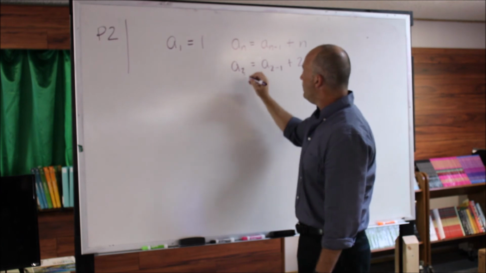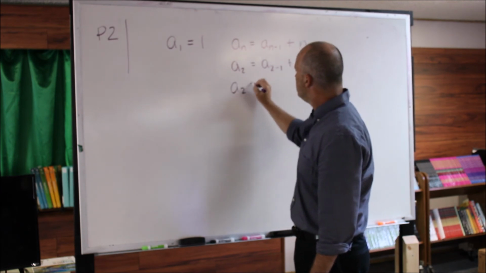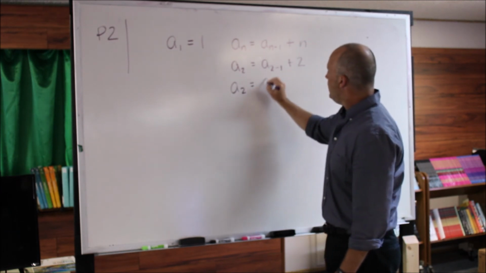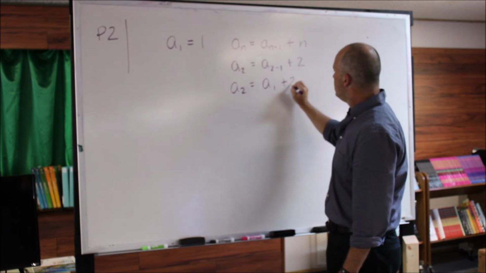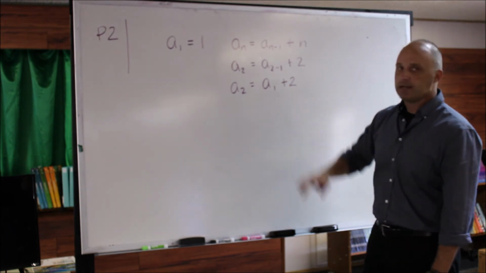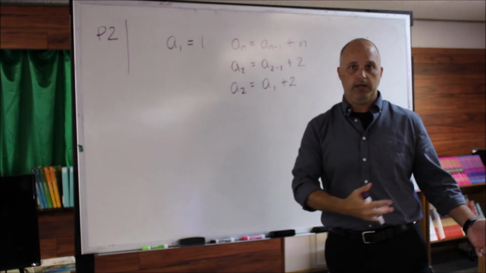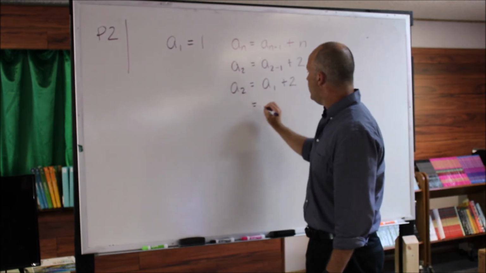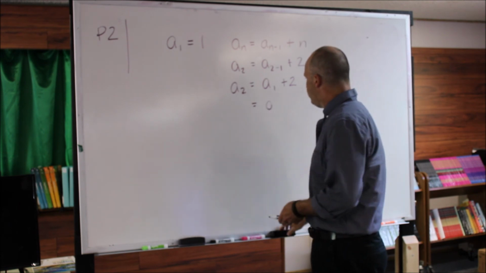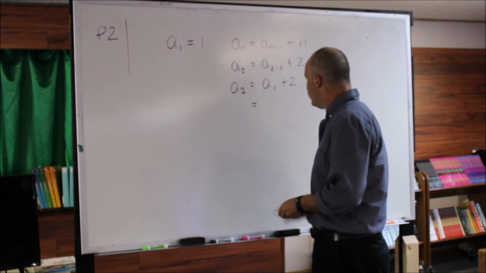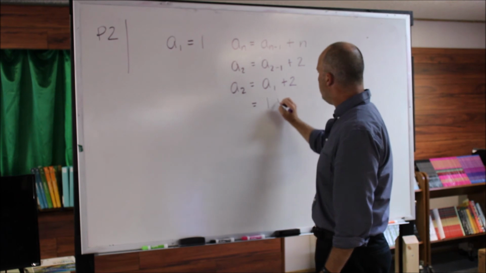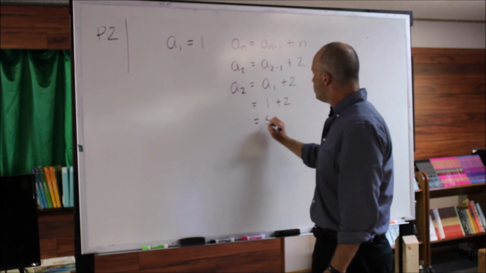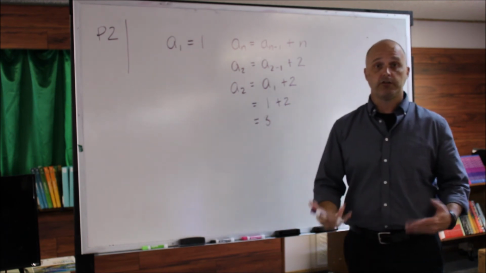So now we have the second term is equal to a sub 1 plus 2. Now that we're back to a sub 1, we already know what a sub 1 is. A sub 1 is equal to 1, so we can replace a sub 1 with 1. So 1 plus 2 gives us 3, and that was the second term in our sequence.